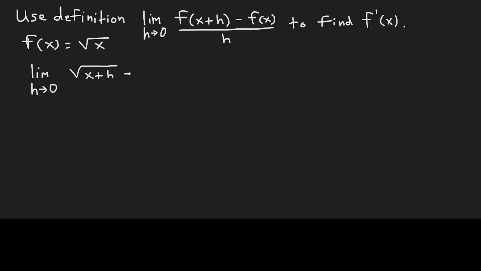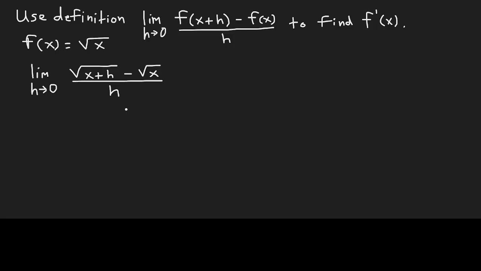Then we have minus f of x, which is square root of x, and that's all over h. The key thing here is as h approaches 0, we need to figure out a way to get this h in the denominator to cancel out.